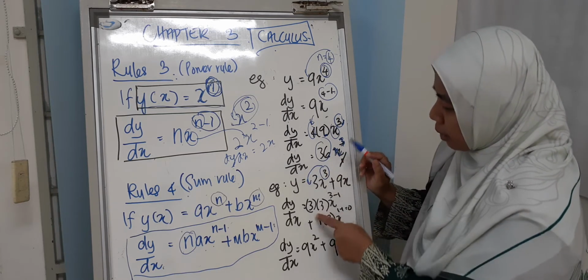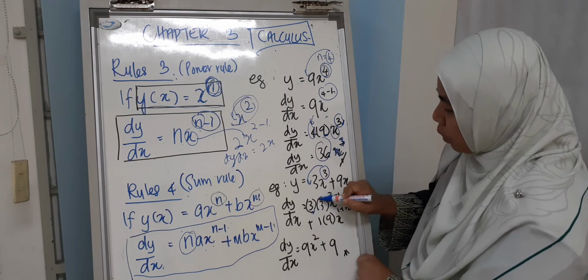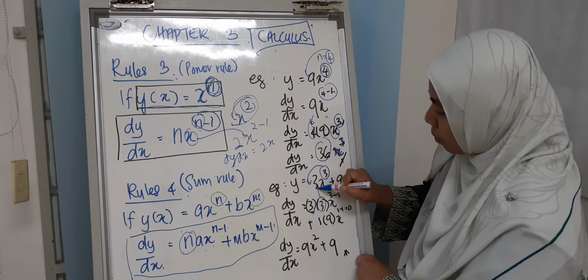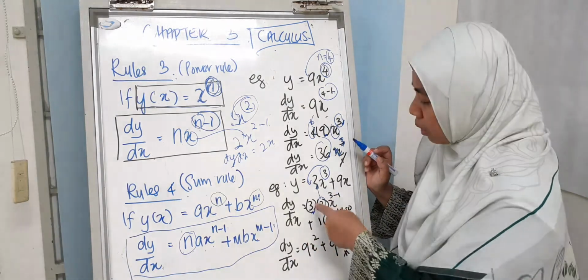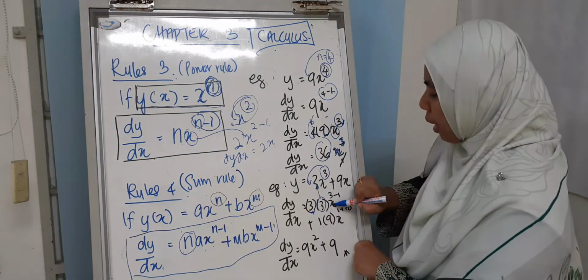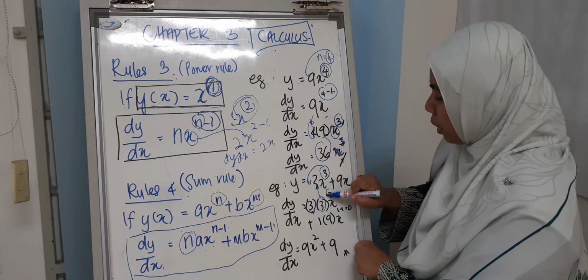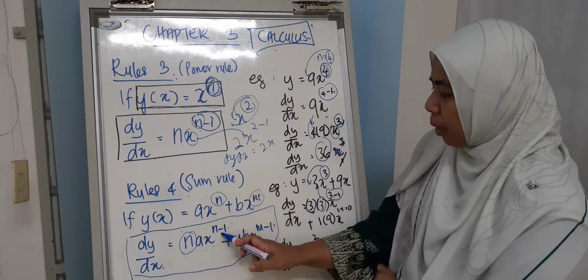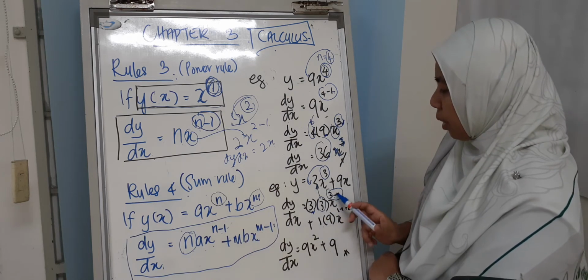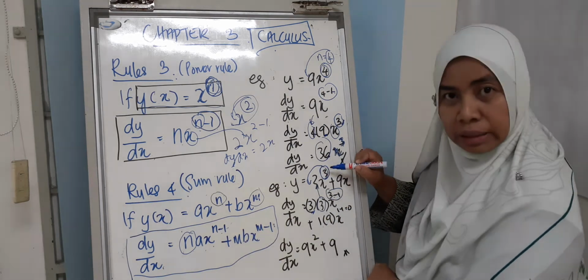Just put down 3 here. This one is from the original, 3, so just put down 3. And x, so this one is 3 minus 1, because the power is 3.